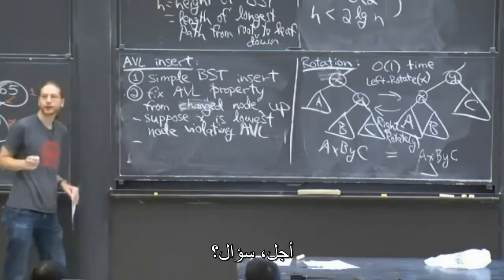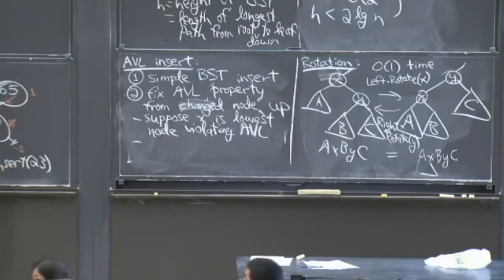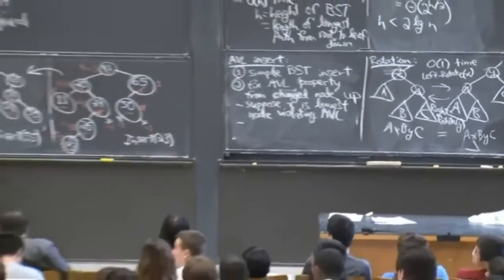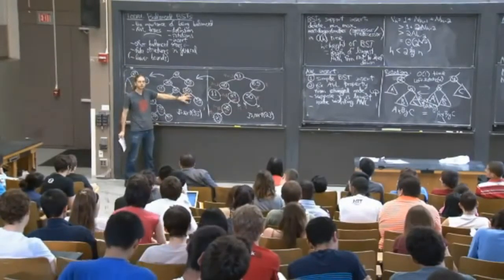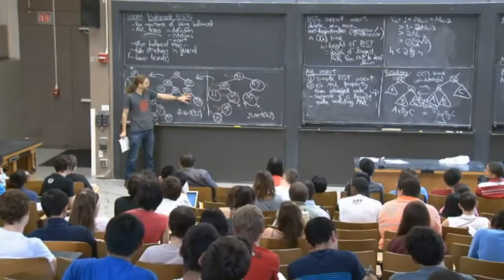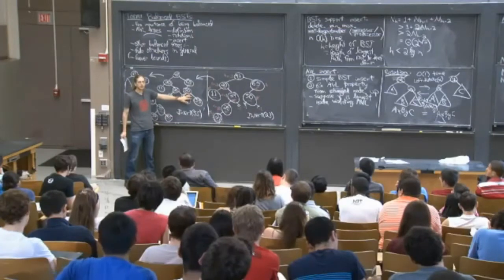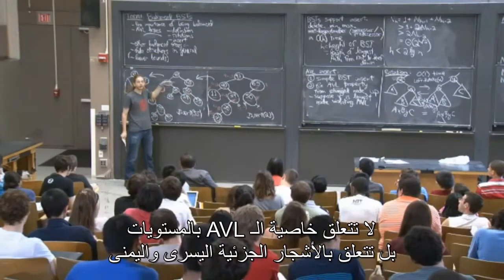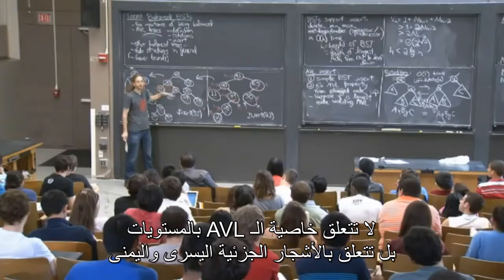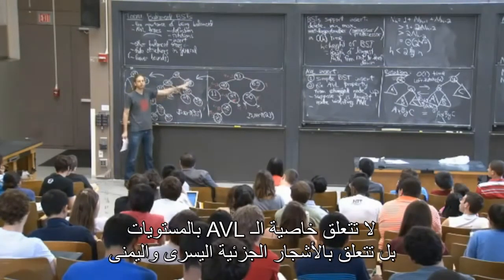The AVL property is not about levels. It's about left subtrees and right subtrees.